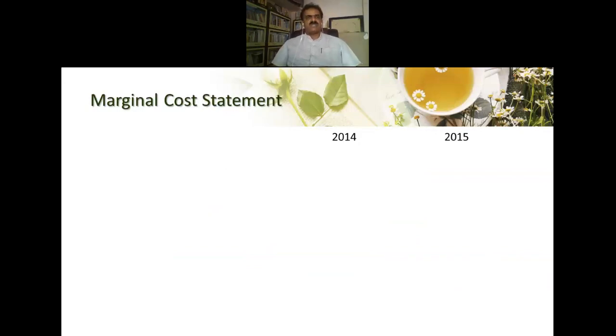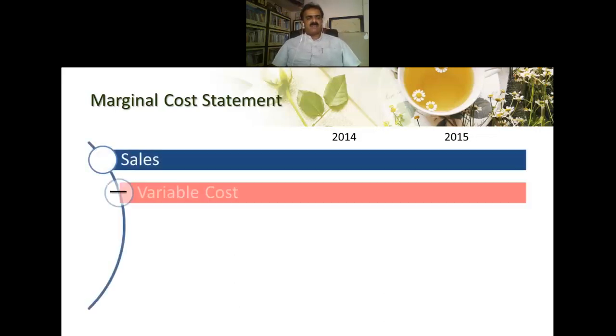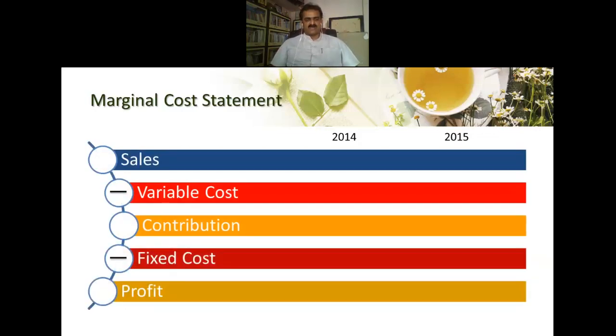Whatever the fixed cost for the year 2014, the same amount of fixed cost we need to prove. For that, the statement is: sales minus variable cost is called contribution. Contribution minus fixed cost is called profit.